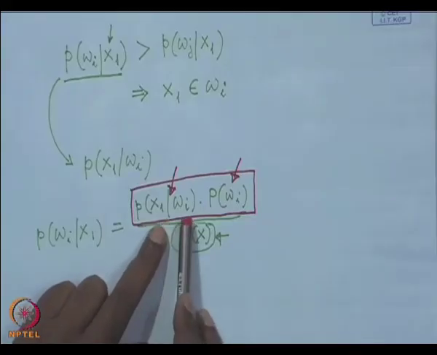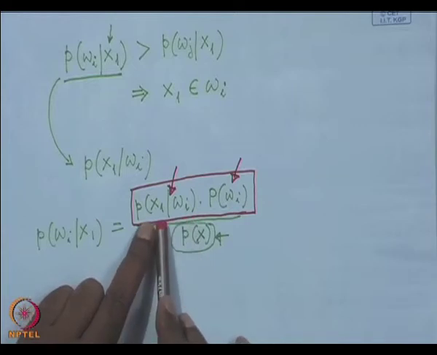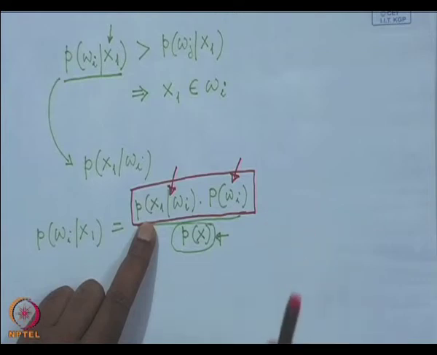So, my job will be to compute P of x 1 given omega I, where x 1 is an unknown sample, making use of the known samples which are provided for supervised learning. So, my problem is that.